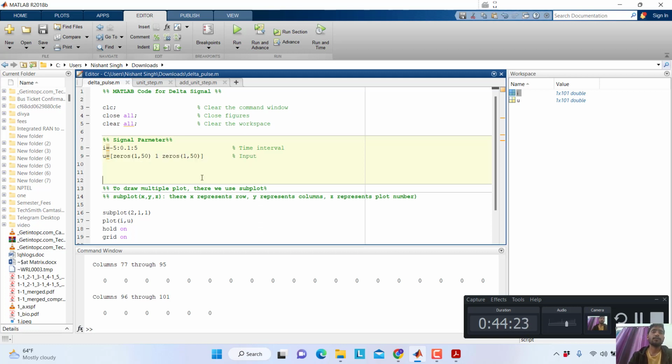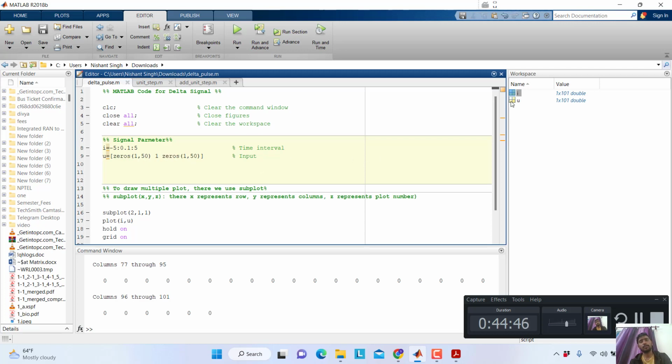So from -5 to 0, this matrix is 0, and it becomes 1 at 0, and for the rest of the points we again consider 0. It shows the input matrix that represents a delta pulse.